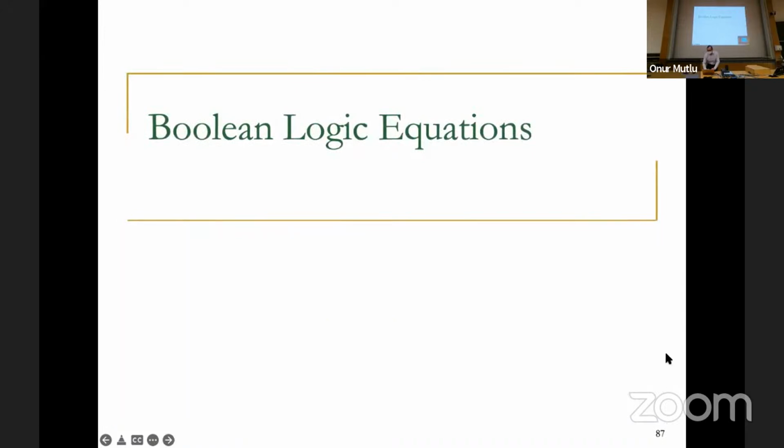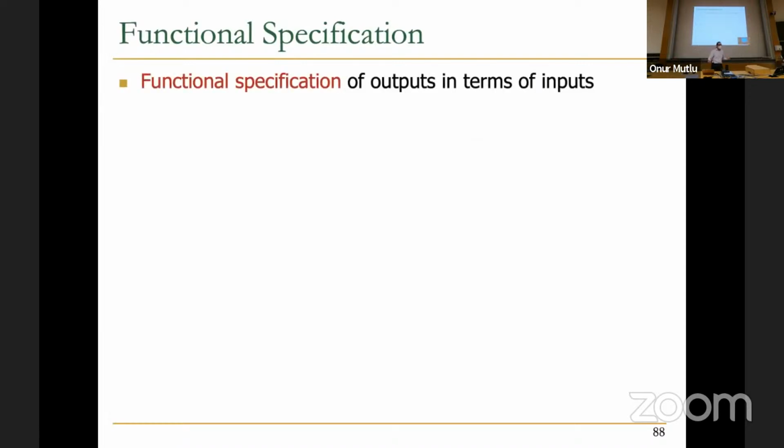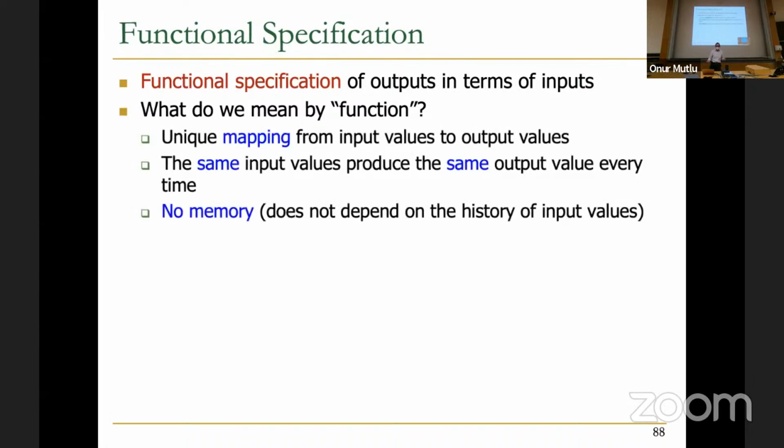So let's go into combinational logic. Combinational logic means you really deal with Boolean logic equations. A Boolean equation specifies the function of a circuit. And let's talk about functional specification a little bit more. Functional specification of outputs in terms of inputs is the function that the circuit implements. But what do we really mean by function?